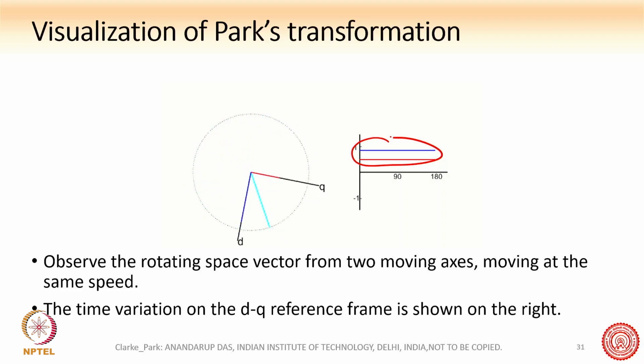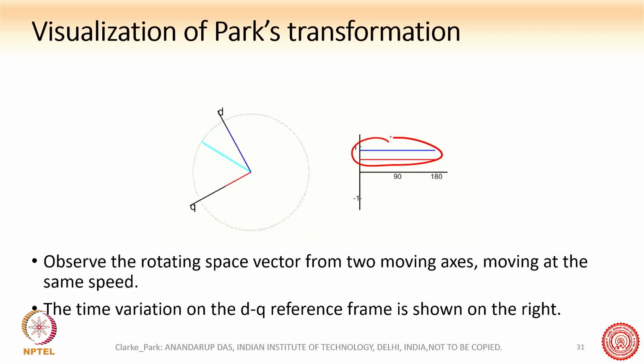The larger the bandwidth of your controller, the faster the response. We'll talk about it later when we talk about the controller design. But higher bandwidth means there are a lot of frequencies in which your system will respond very fast. That means your system will respond faster if you have a larger bandwidth.